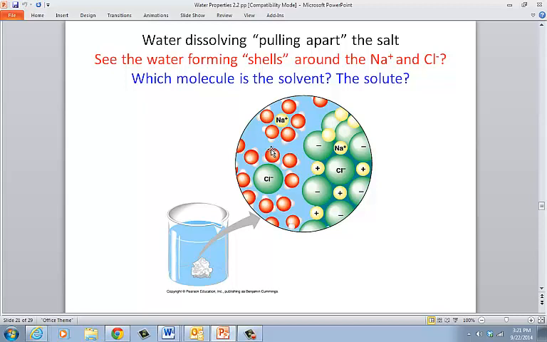And then remember when we talked about polar versus nonpolar, that polar is charged and nonpolar is not charged. So oils, grease, and fats are nonpolar, and water can't grab onto them and dissolve them.